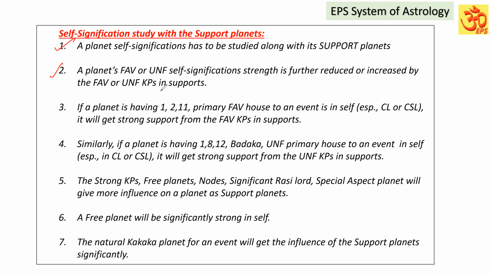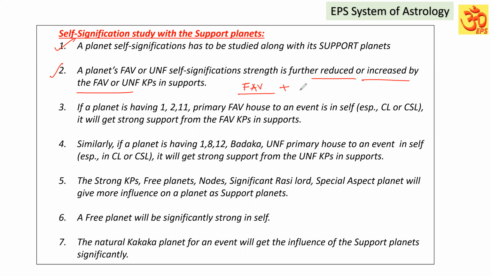Second point: a planet's favorable or unfavorable signification strength is further reduced or increased by the favorable or unfavorable key planets in its supports. A planet is favorable in self.